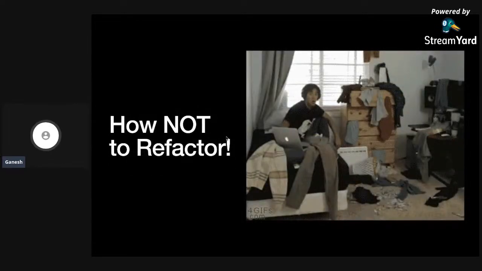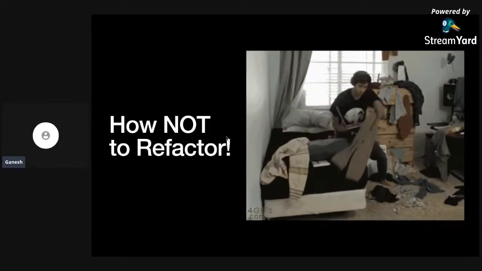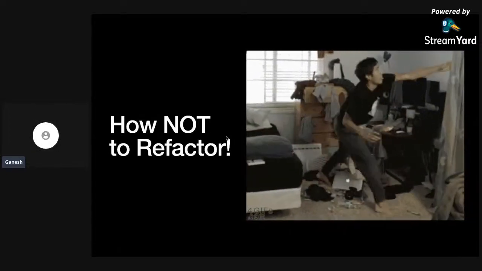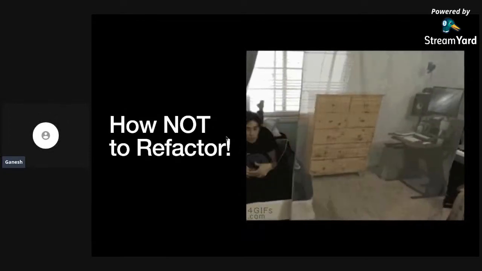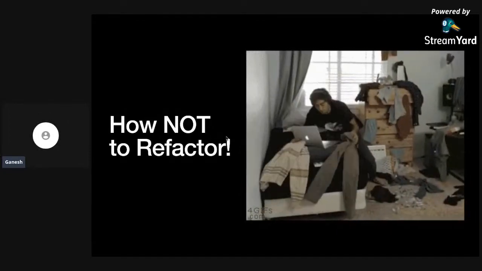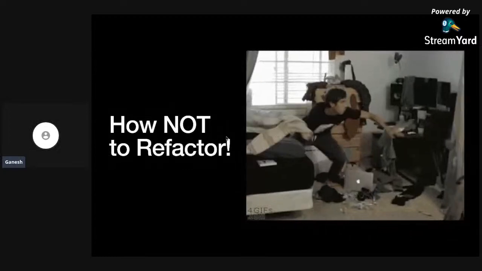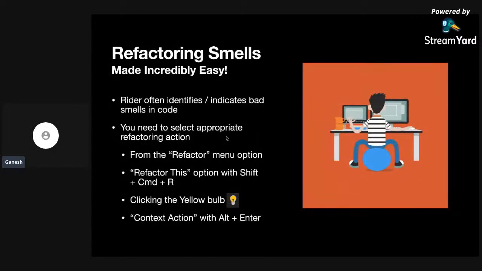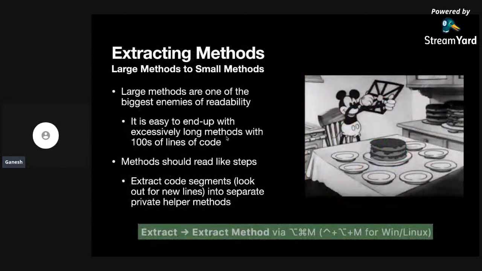Before jumping into refactoring, let's see how not to refactor. If you have smelly code, hiding it is not the right way to refactor. So let's go further and see how Rider and ReSharper make our life easy as developers in doing refactoring.